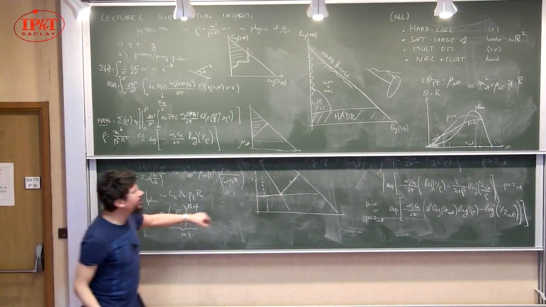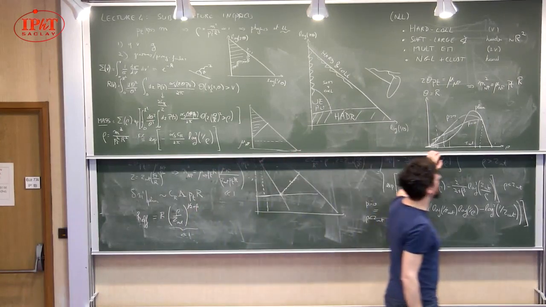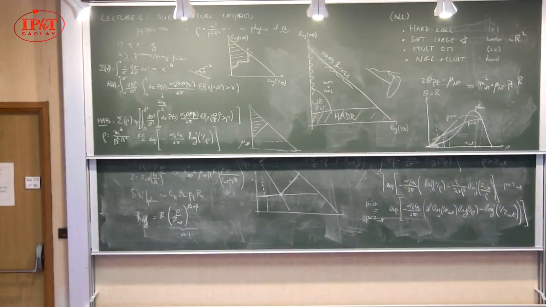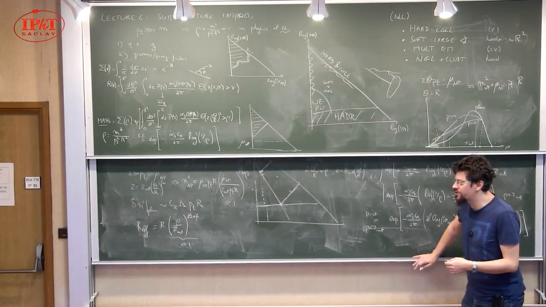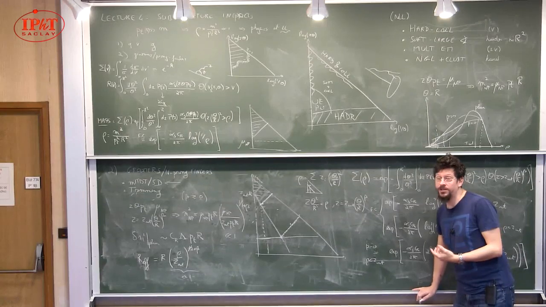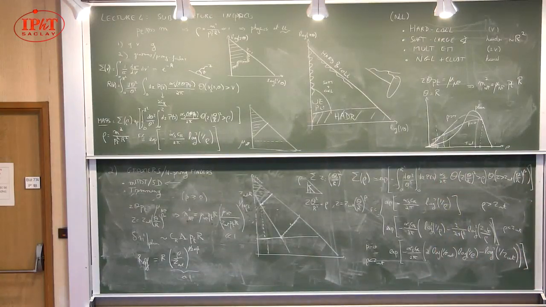So the bottom line is that soft and large angles and non-global terms, all the complicated business in your resummation calculations, become much simplified. And essentially the basic rule of thumb is that these modified mass drop and soft drop calculations can be done using collinear physics.